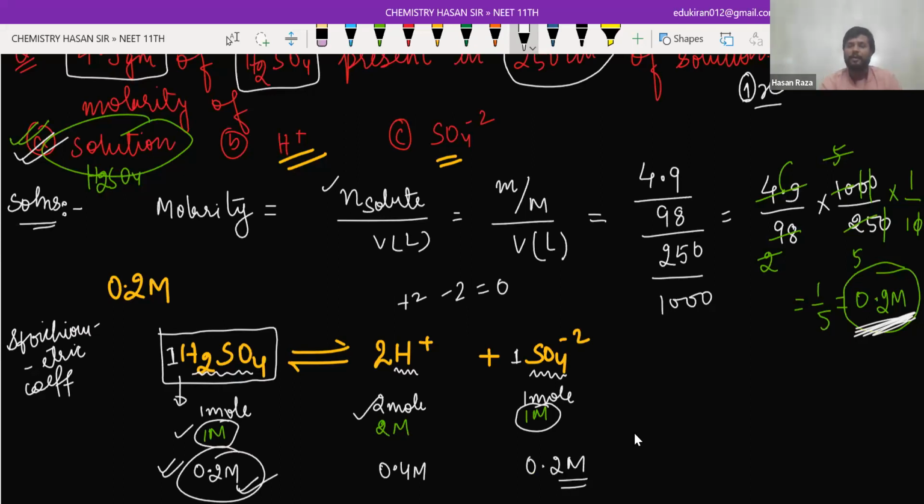So the answer is clear: the molarity of H+ will be 0.4 M, and the molarity of SO4 minus 2 will be 0.2 M. To calculate the molarity of ions, you need to calculate the molarity of H2SO4 or the electrolyte, dissociate it, balance the equation, and compare with the stoichiometric coefficient to get the answer. Please do it.